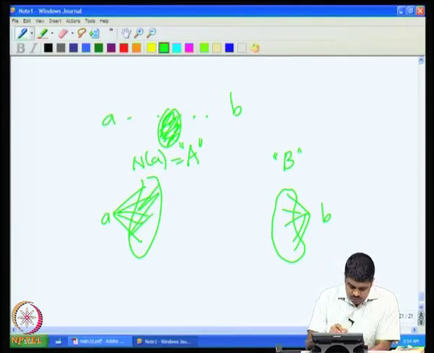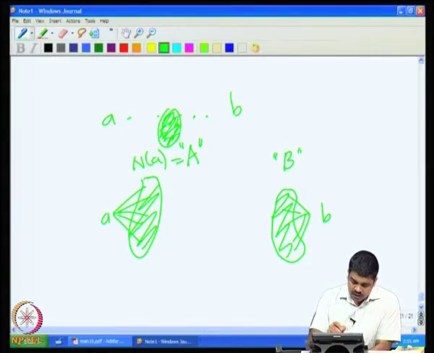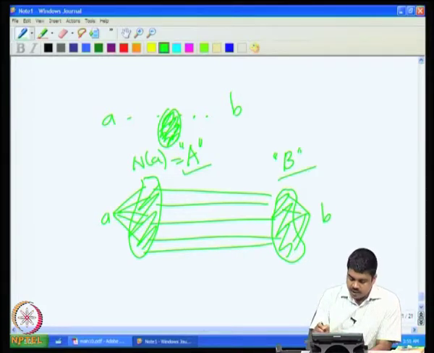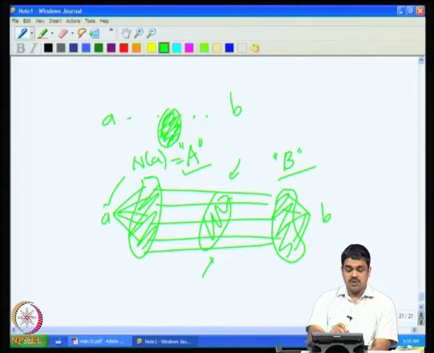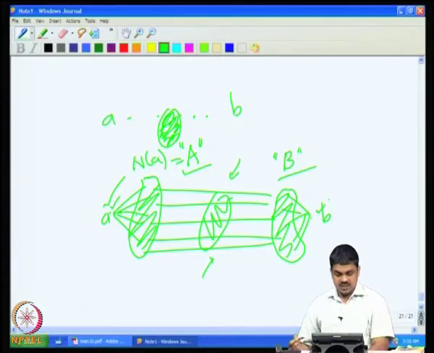Now we consider these two parameters. Menger's theorem would say that the number of disjoint capital A to capital B paths will be equal to the minimum cardinality of a separator to separate A from B. We should prove that the maximum number of disjoint AB paths is essentially equal to the number of internally vertex disjoint paths between the small a and small b, the vertices.